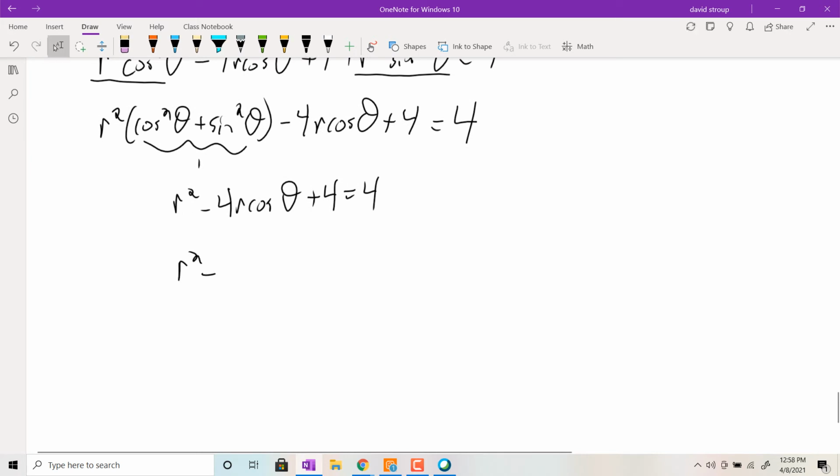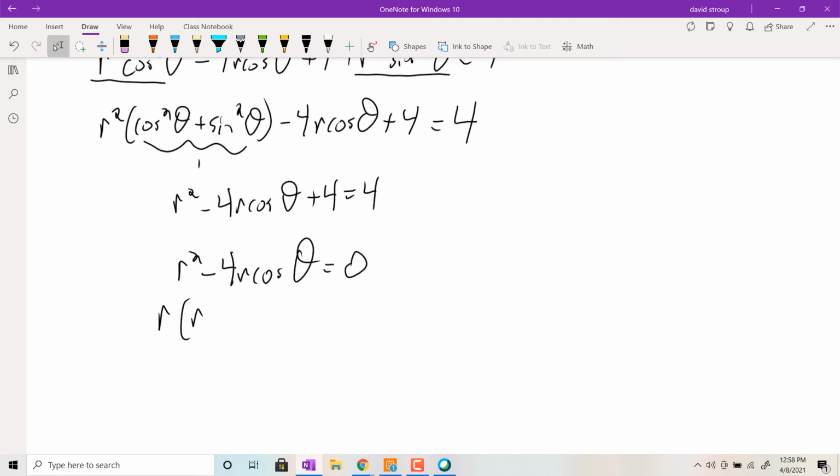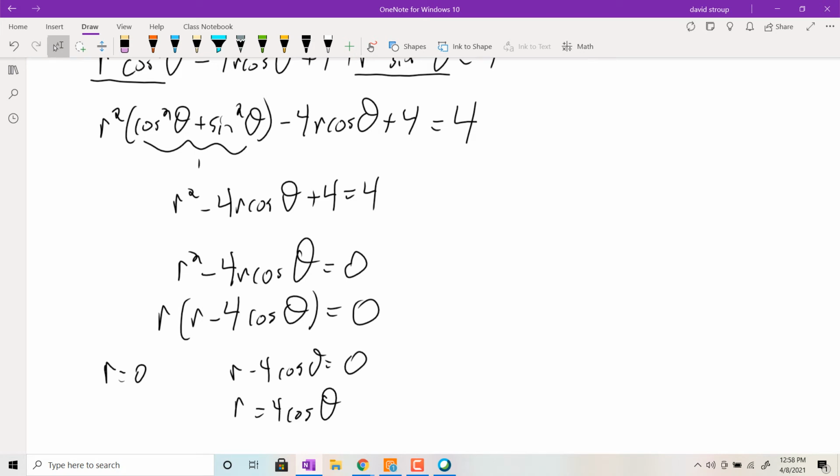And then this is kind of the weird part that you may or may not remember. You want to factor this. So it's r times r minus 4 cosine theta, and then you set the parts equal to 0. So r is 0, or r minus 4 cosine theta is equal to 0. And then solving the second one, you get r is 4 cosine theta. You could leave it like this.